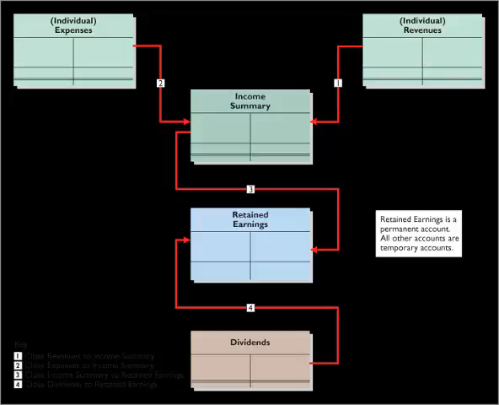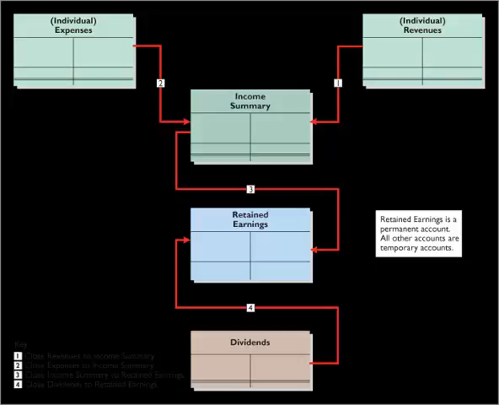Okay, so once we do all of these closing entries, what do we have left in revenue? It'll be nothing. 0. What's left in expenses? 0. So after I have done my closing entries, I prepare a post-closing trial balance. What's going to be left on it?